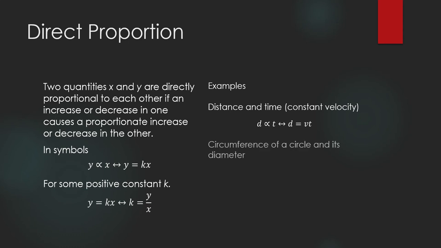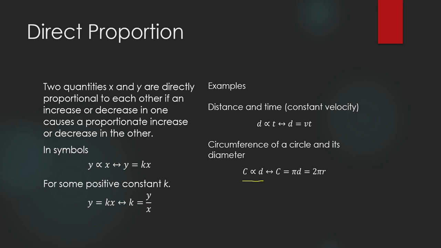Another example of direct proportion is the circumference of a circle and its diameter. An increase in the diameter results in a proportionate increase in the circumference of your circle. This is how we write it in math language. The circumference is directly proportional to the diameter of that circle.